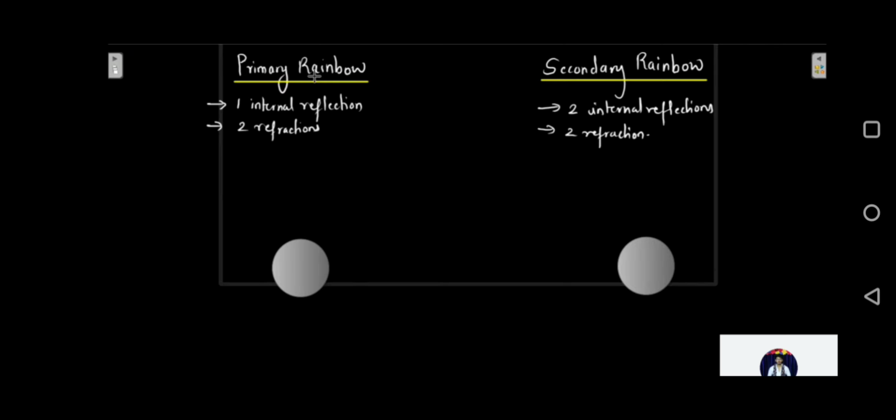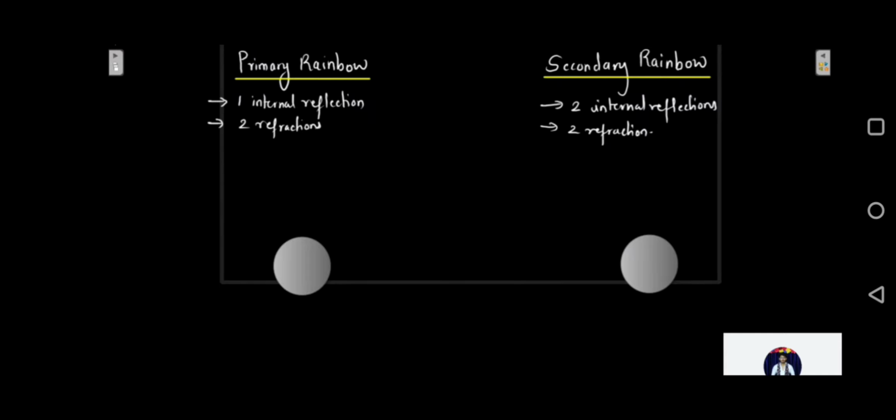The primary rainbow is more intense and brighter, because there is only one internal reflection happening over here, and there are two internal reflections happening over here. That is why the secondary rainbow is fainter. So in the secondary rainbow we have two internal reflections and two refractions before the ray emerges out from the raindrop with minimum deviation.